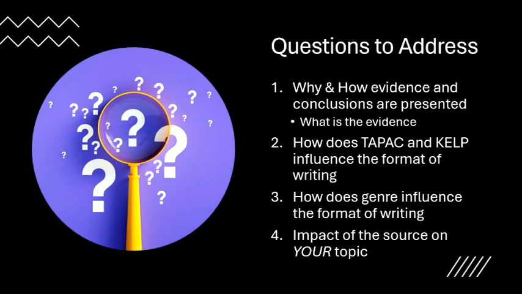How do TAPAC and KELP influence the format of writing? Which, again, is the rhetorical situation. We'll talk about it here in just a second. But I want you to think about how those factors influence the way that the source is written, the way that the information is presented. How does genre influence the format of writing? And brief recap, this is something that should have been taught in English Comp 1, or maybe in high school English. But genre is the type of writing.